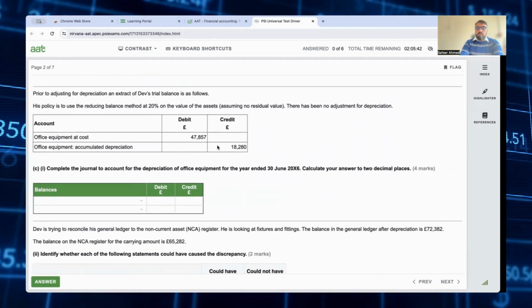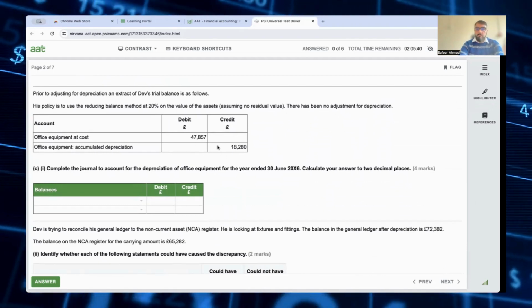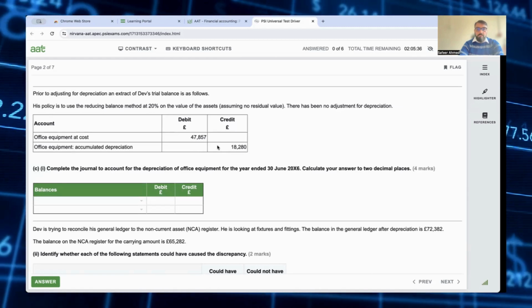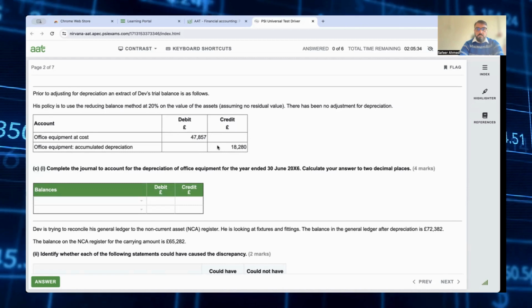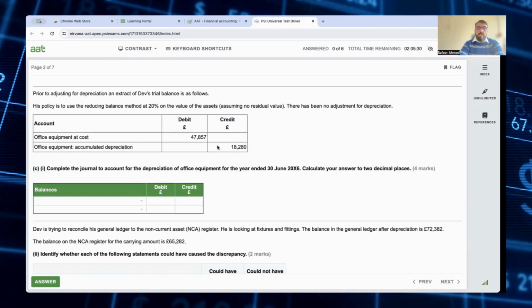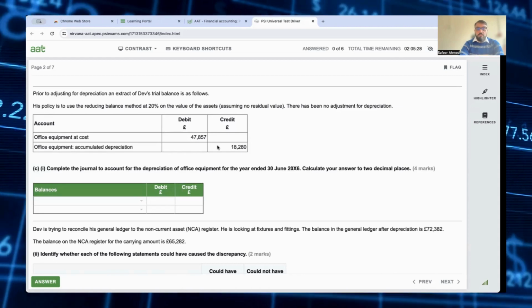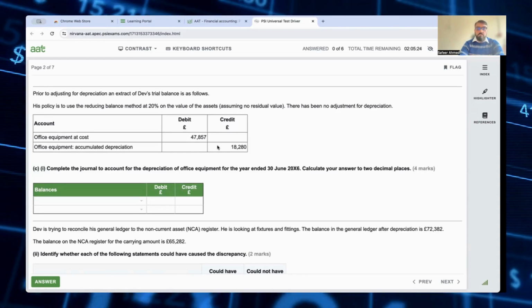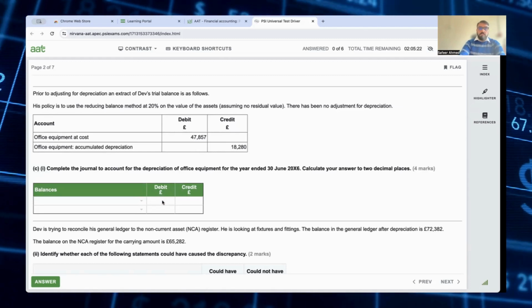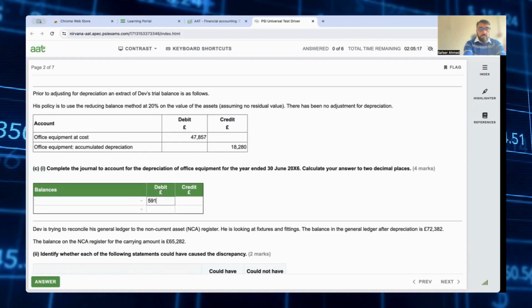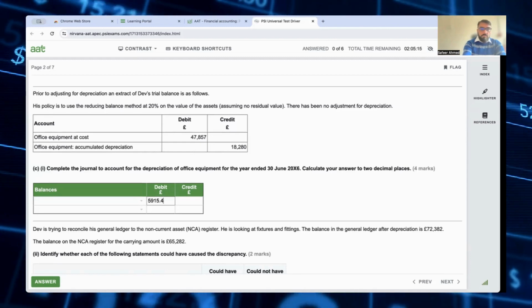Now you can see that we need the carrying amount first of all for the reducing balance method. So 47,857 minus 18,280, that gives you 29,577, and times by 20%, that's going to give you the depreciation, which is 5,915.40.